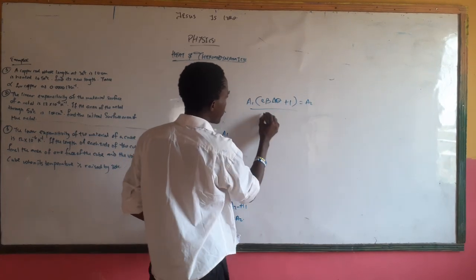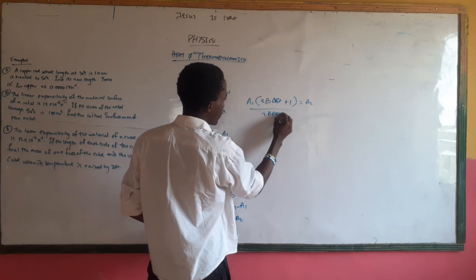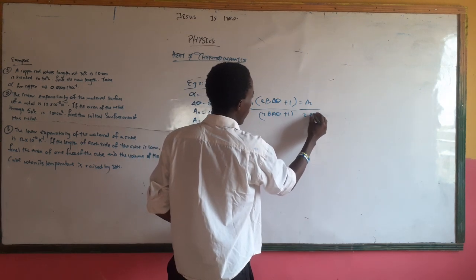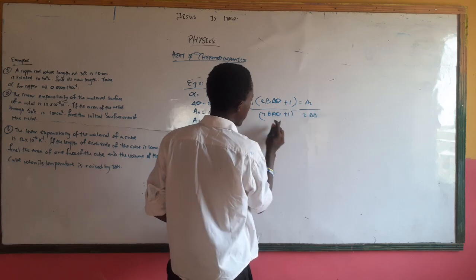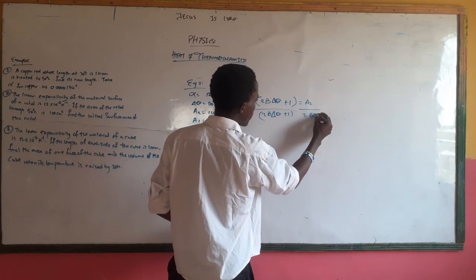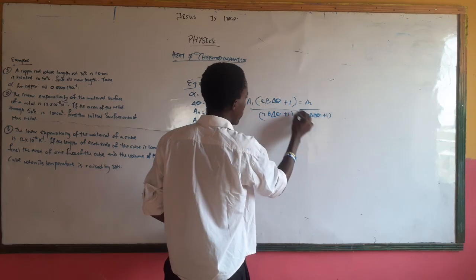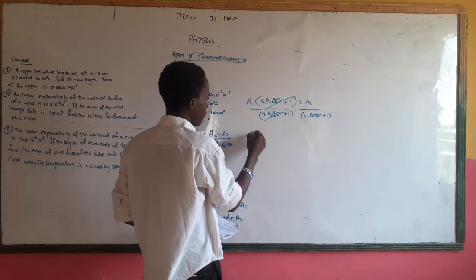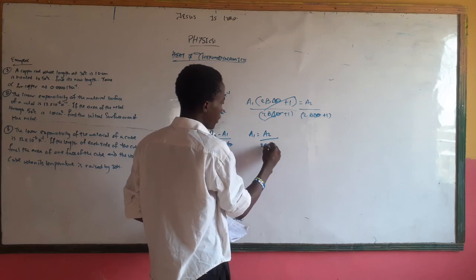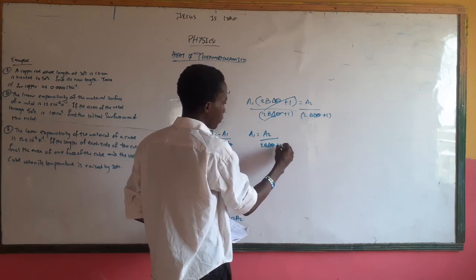Then the value starts like this: A1 equals A2 over 2 beta change in theta plus 1. So this is the general formula for A1.